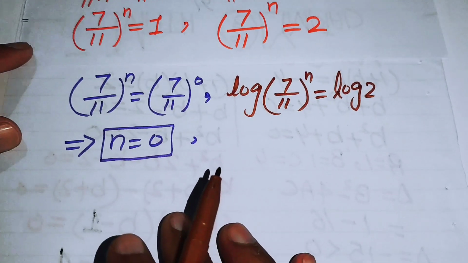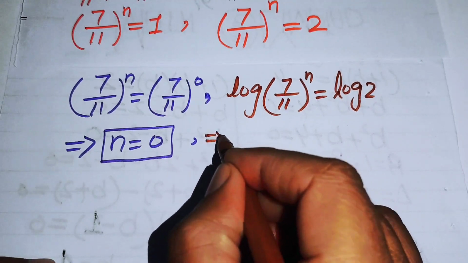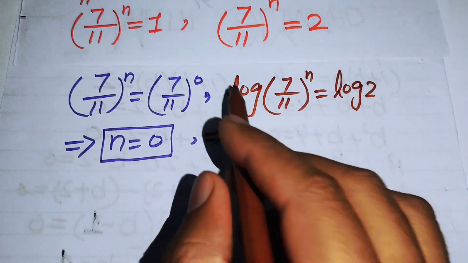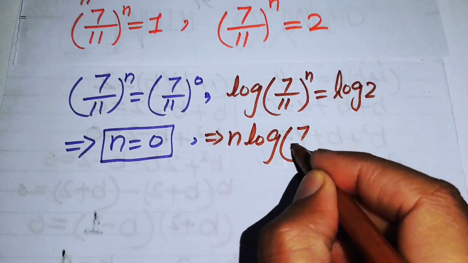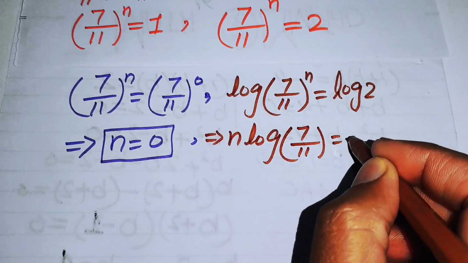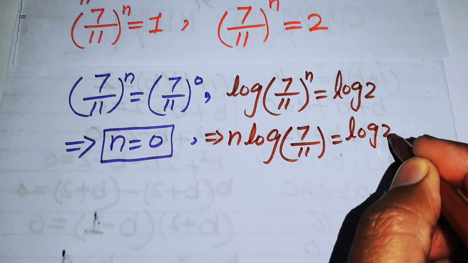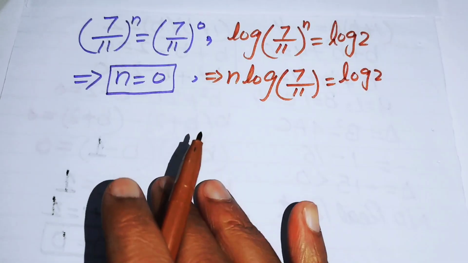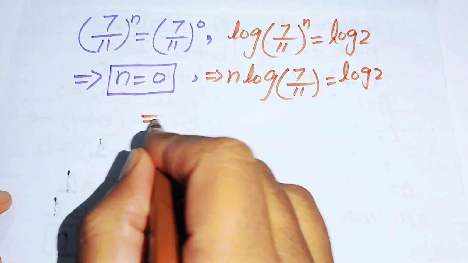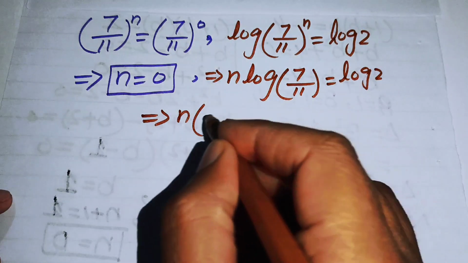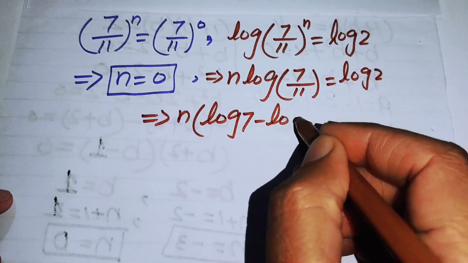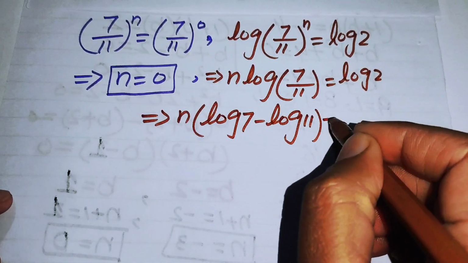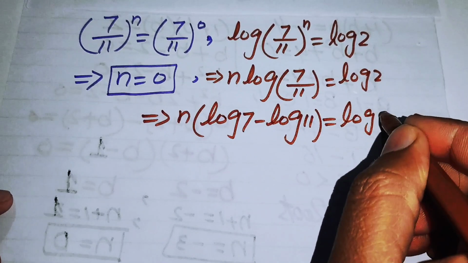So now we use the property of log and we move this exponent n in front of the log, and you get n times log 7 over 11 equals log of 2. And here we again use the properties of log, and you write it as n times log 7 minus log of 11 equals log of 2.